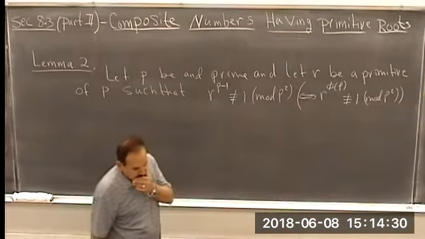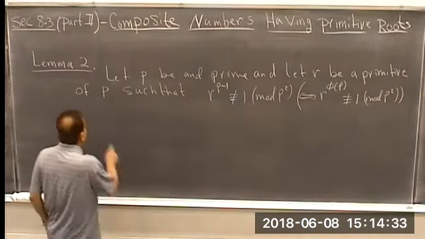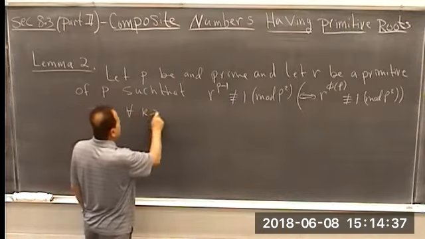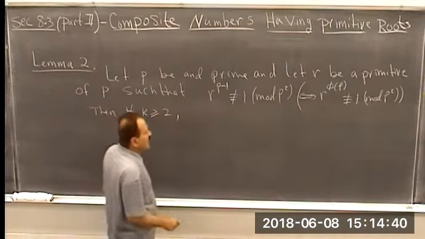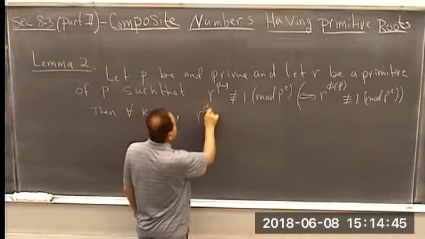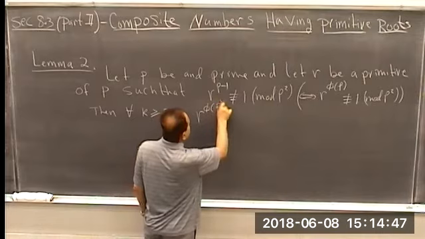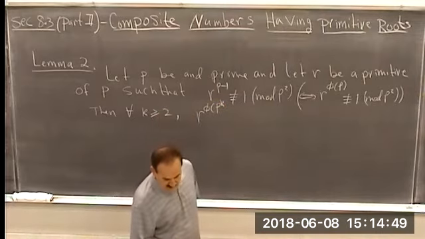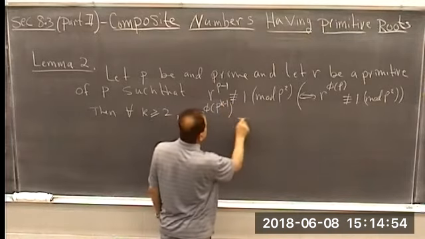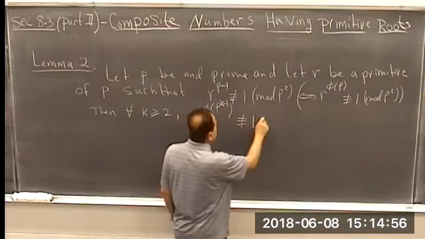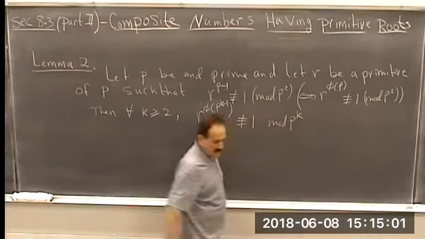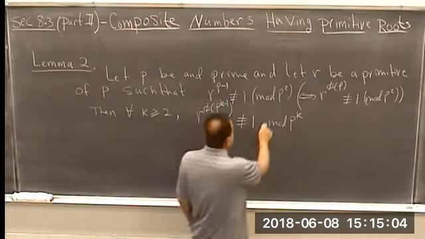Then for every k bigger than or equal to 2, we also have this non-congruence relation satisfied: r to the phi of p to the k is not congruent to 1 mod p to the k.